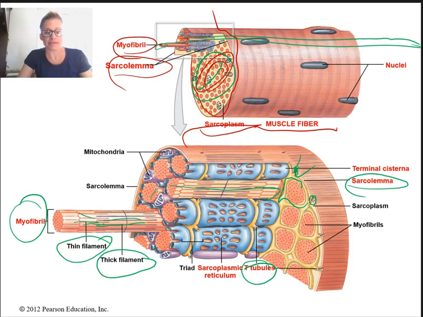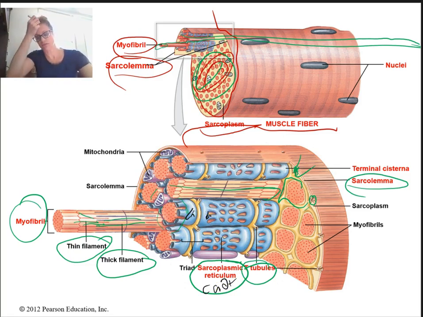You'll notice that the myofibril is surrounded by a sarcoplasmic reticulum. So the sarcoplasmic reticulum is the structure that's shown in blue. So it wraps around the myofibril. And remember, we said that the sarcoplasmic reticulum stores large amounts of calcium. So there's a ton of calcium here in the sarcoplasmic reticulum.